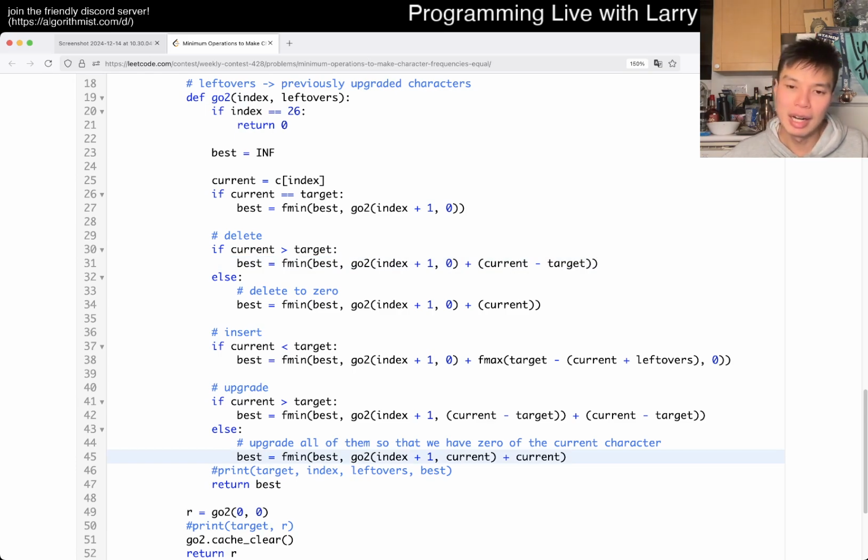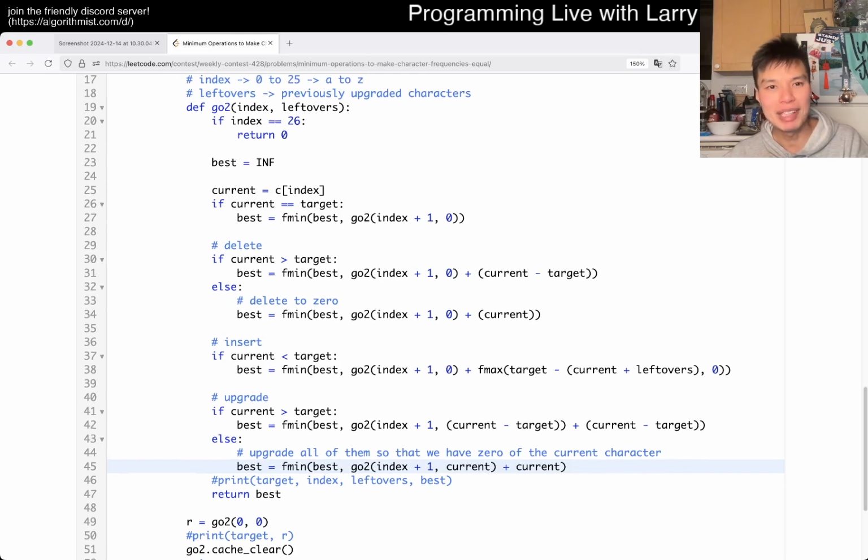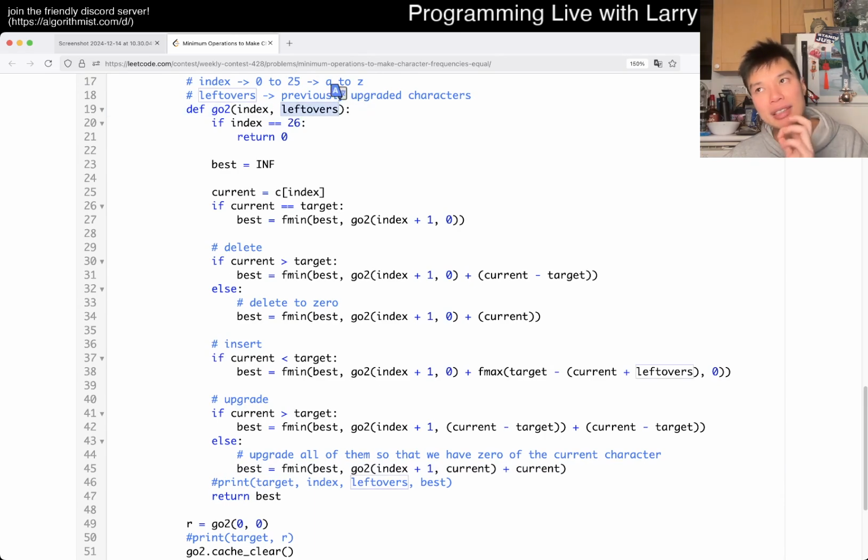So that means that we can treat this as a delete with a free upgrade, right? Meaning that the next characters have free characters. Maybe leftovers is a weird way of phrasing it, but the next characters have them for free because you already paid for them, but you only paid for one character upgrade.